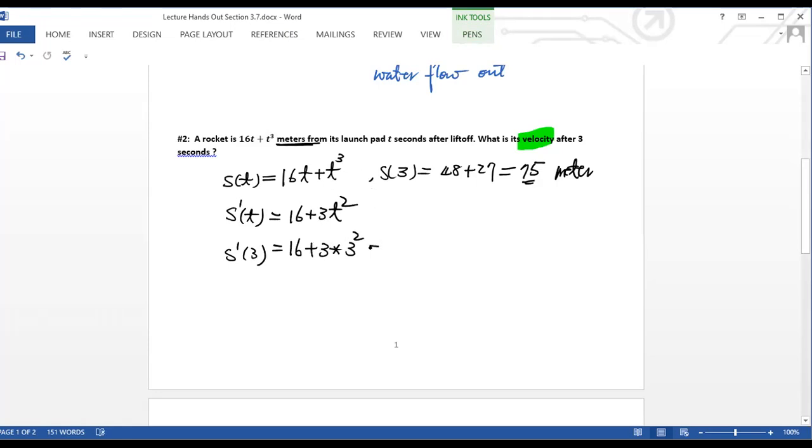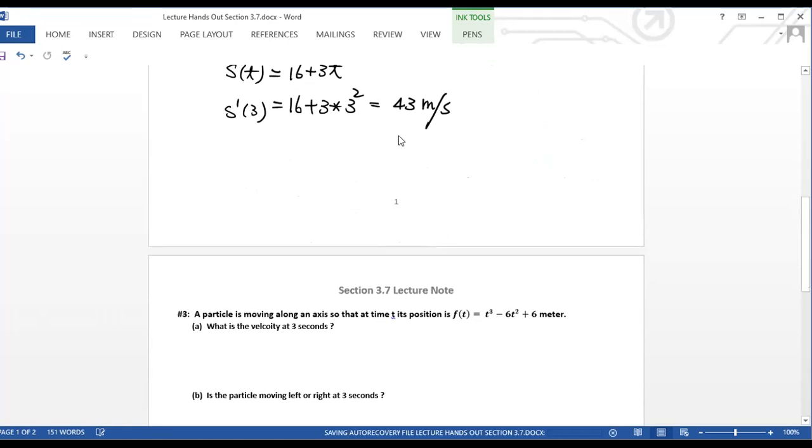So this is 27 plus 16, so it's 43 meters per second. That means at the height of 75 meters, the speed of that rocket is 43 meters per second.